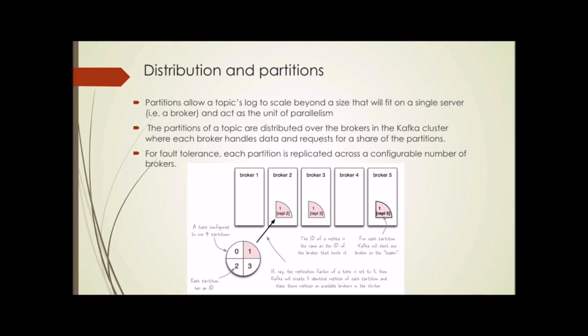It all starts with 0, not 1. So this particular topic is configured to have 4 partitions so that it can outgrow the capacity of a particular machine. Then you can say broker 1 will have partition 1, broker 2 partition 2, broker 3 partition 3, broker 4 partition 4.